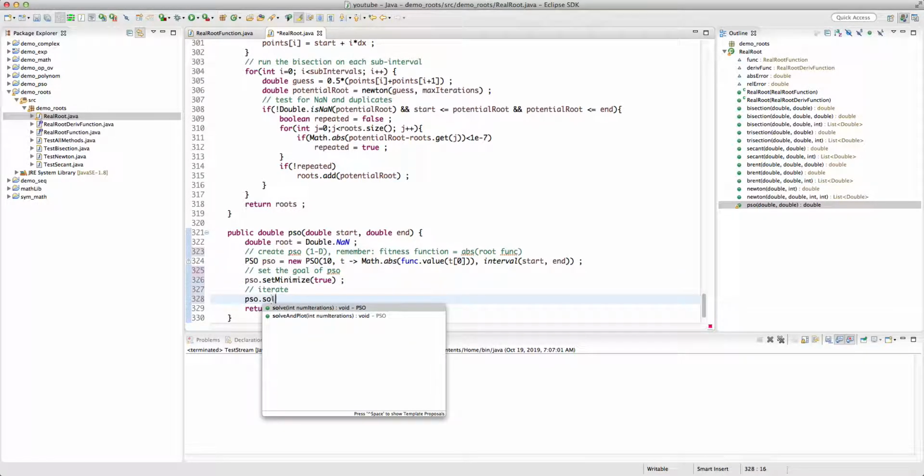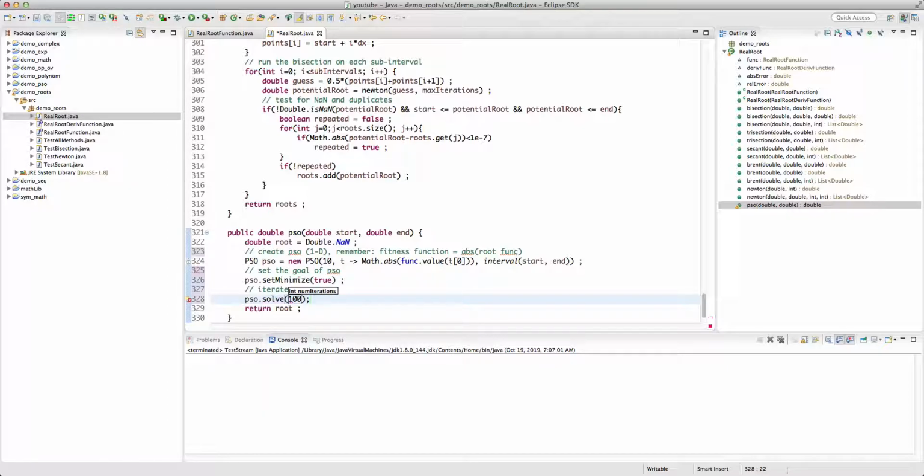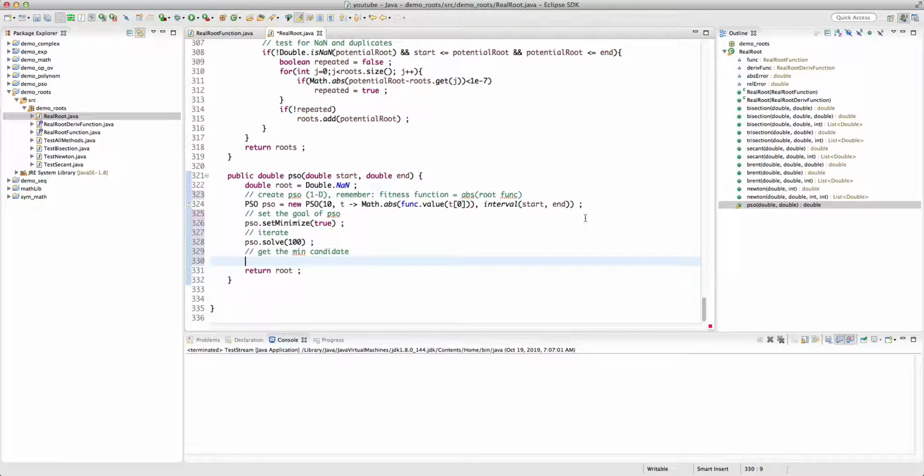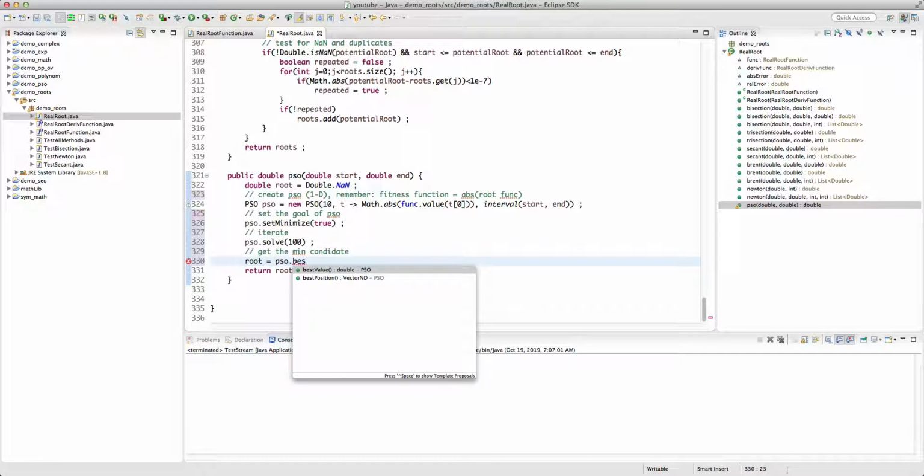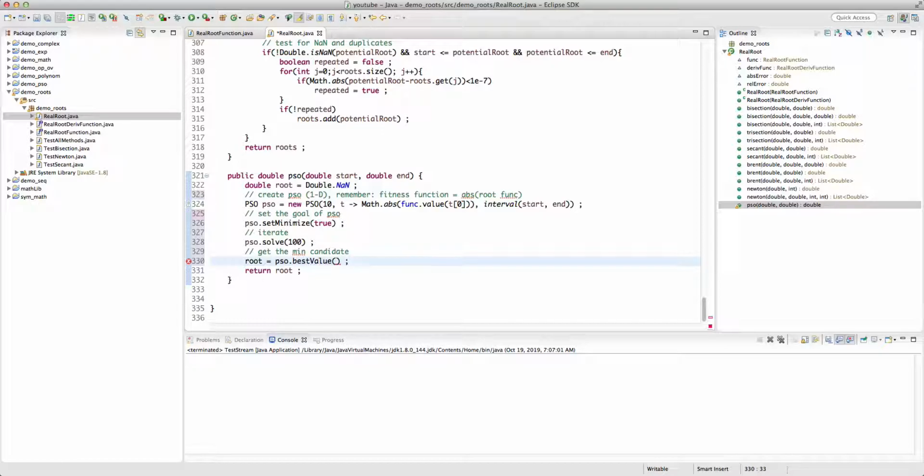So PSO.solve, and we're going to set it for 100 steps of iterations. Get the root or root candidate or the min candidate, so root equals PSO get best value, right? Remember, best position returns the n-dimensional vector that gives the best value. Best value is the value of the fitness function.